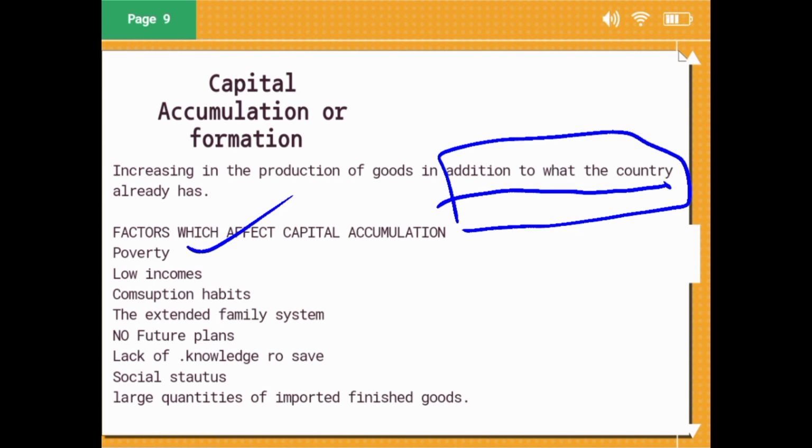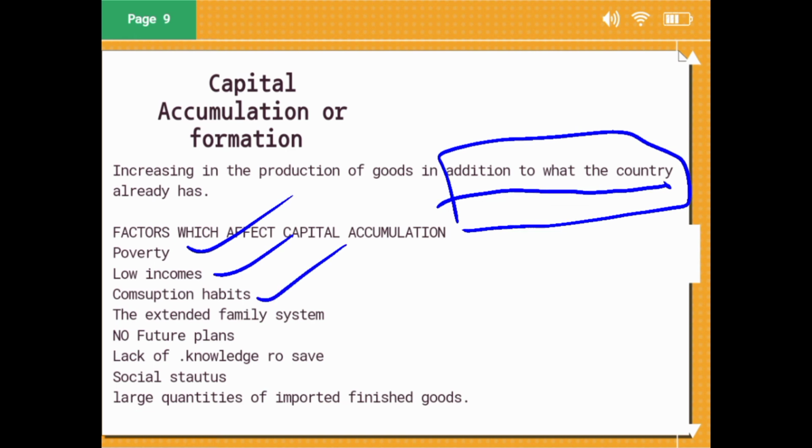So poverty affects capital accumulation. Low incomes, you're getting 500 kwacha, and it is gone on the budget. How can you contribute to capital accumulation? It's not easy.